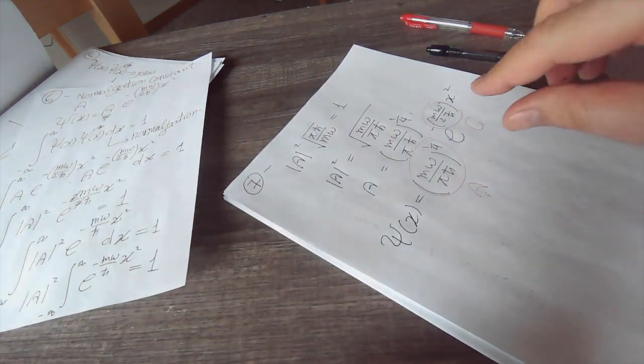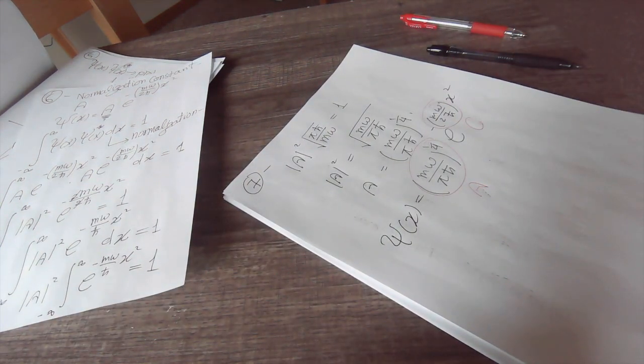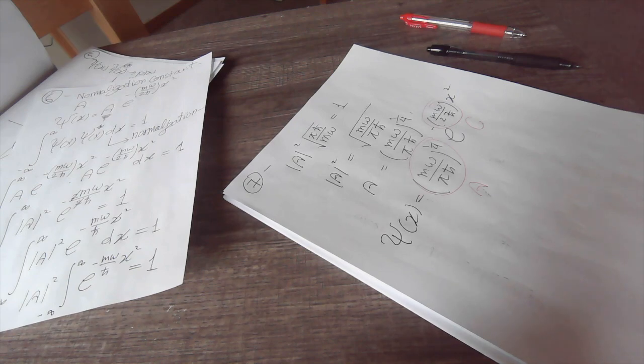We could manage to figure out the wave function of the harmonic oscillator using this simple technique, or rather, not a simple equation, but a simple way to solve the Schrödinger equation.